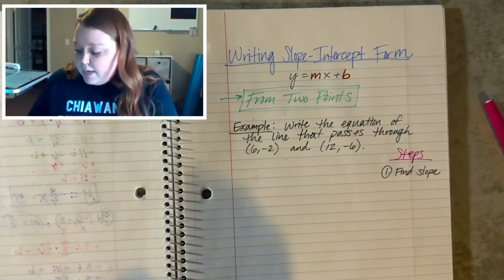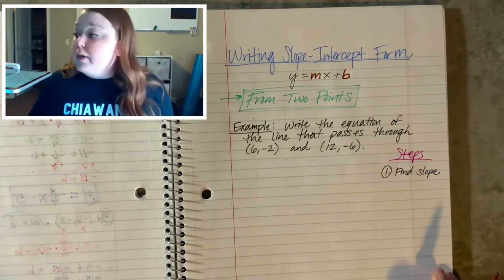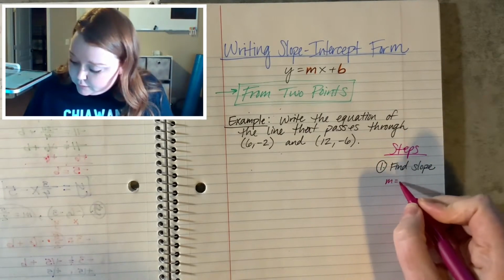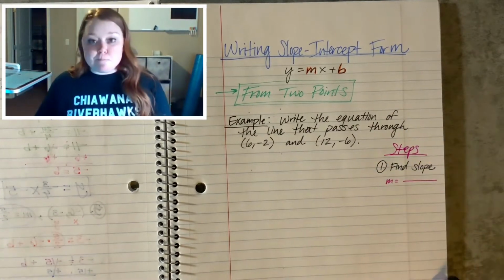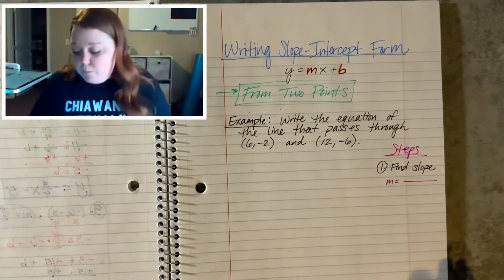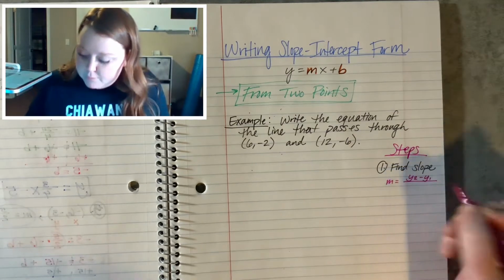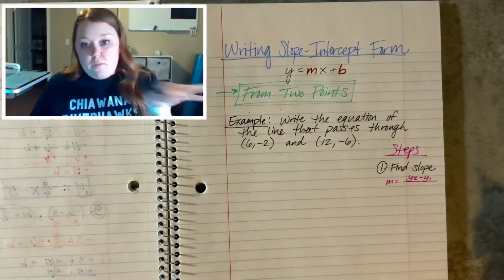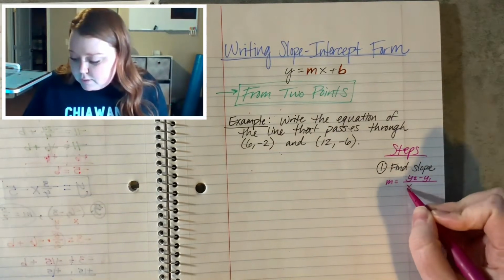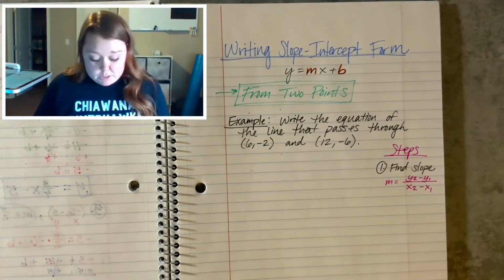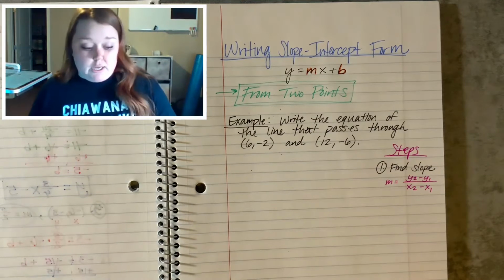Now, slope from 2 points. Remember that crazy formula? Let's go ahead and write that in. It's your change in y, which is y2 minus y1. And then on the bottom is your change in x, so x2 minus x1. You've got to be experts on slope from 2 points in order for today to go well.